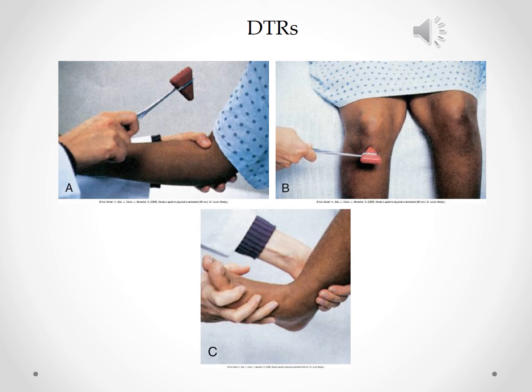And then C is getting ready to assess for clonus. So you saw how he pulled the foot back, so we want to see how many beats of clonus, how many times the dorsiflexed foot just continues to spasm.